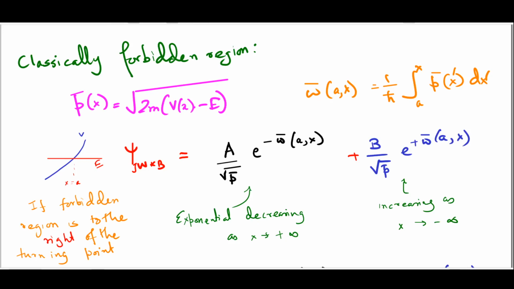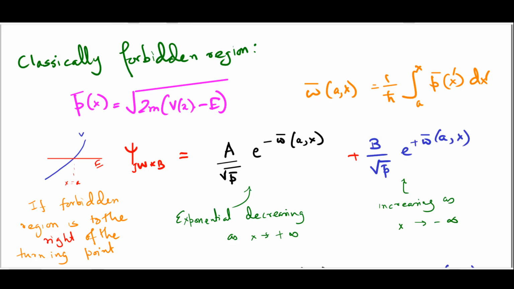And in place of W(a, x), we now have W bar(a, x), which is 1 over h cross, the integral from a to x as before, but of p bar of x prime dx prime. And just like W(a, x), W bar(a, x) is also an increasing function of x, and it's positive whenever x is bigger than a.